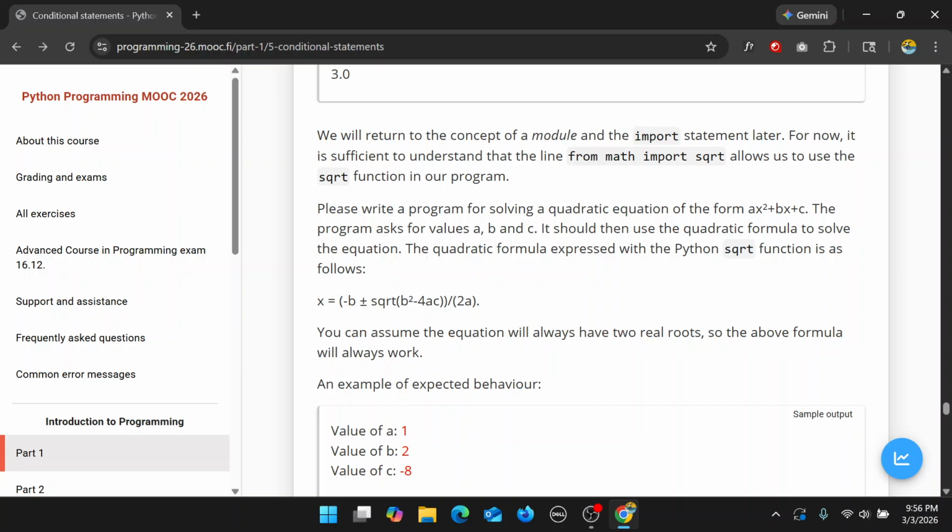Please write a program for solving a quadratic equation of the form ax squared plus bx plus c. The program asks for values a, b, and c. So again, this being a college level course from the University of Helsinki, and part of the computer science program, you would understand that there's going to be some math involved. When people talk about computer science degrees, there's a lot of math involved. You have to take college calculus, pre-calculus if you haven't taken it in high school.